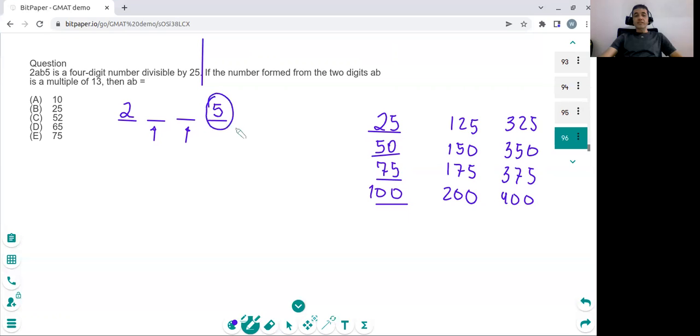Here you see that the number ends in 5. Well, what are the possibilities? Either 25 or 75. And here you don't need to use sophisticated math to solve the problem.